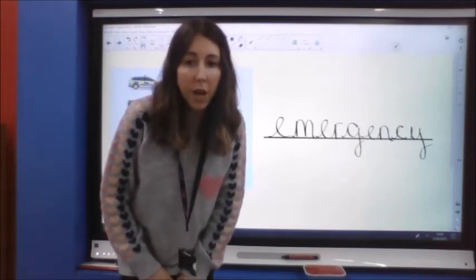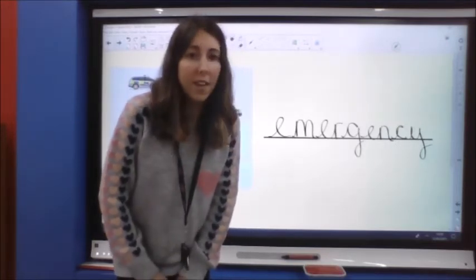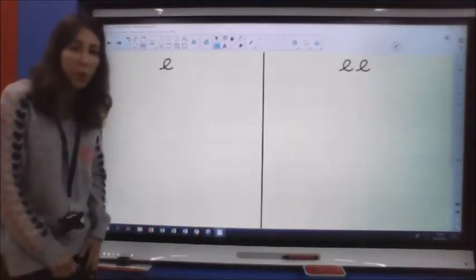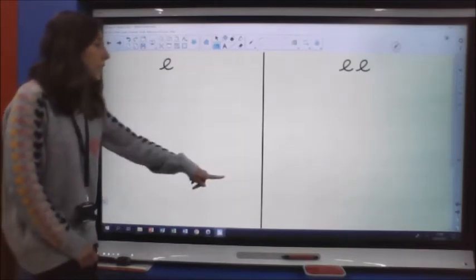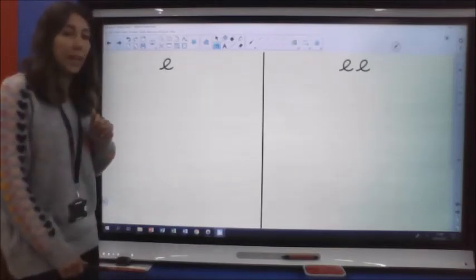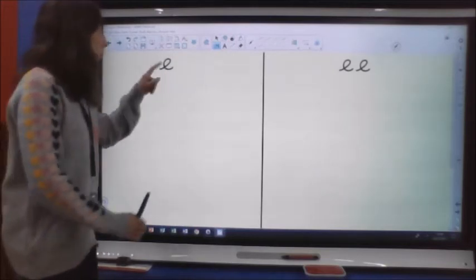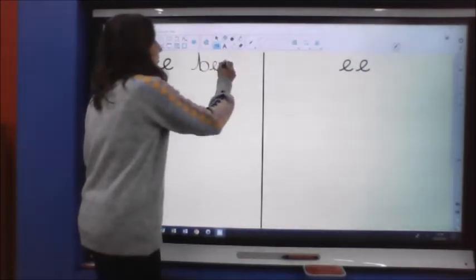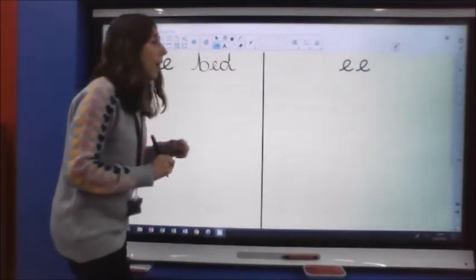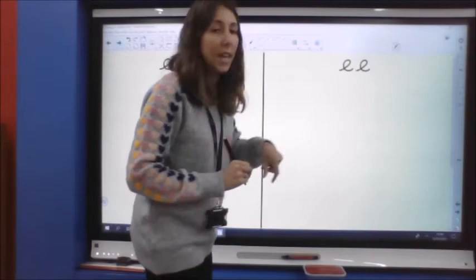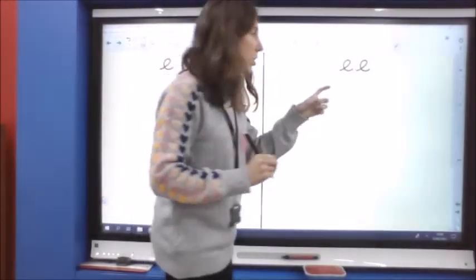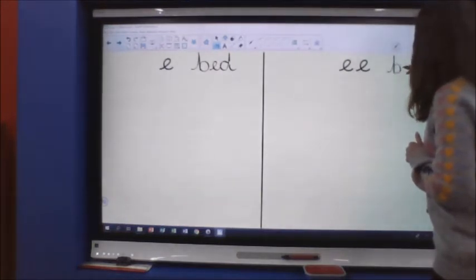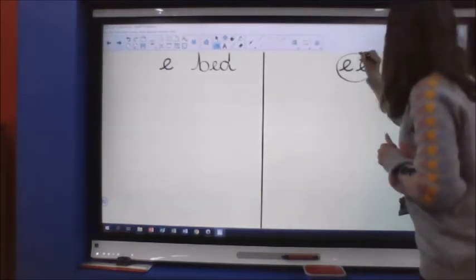What I would like you to do now is have a go at playing a game like our Cheeky Chimps game on Phonics Play. So with your whiteboard, split it in half, and we're going to write an E on its own, which is making an E sound like in bed. And then on the other half, an E on its own where the E makes an E sound like in be.